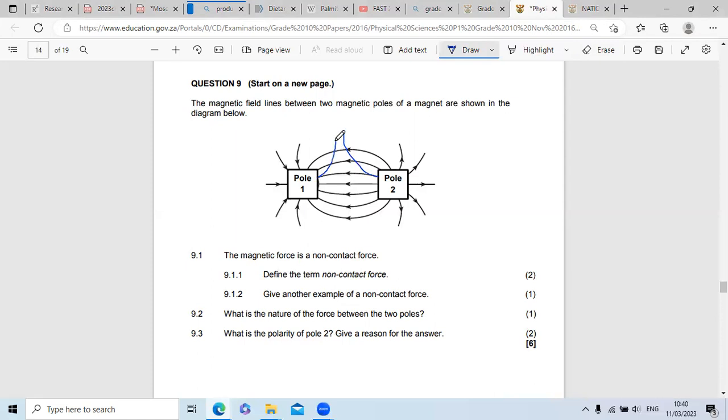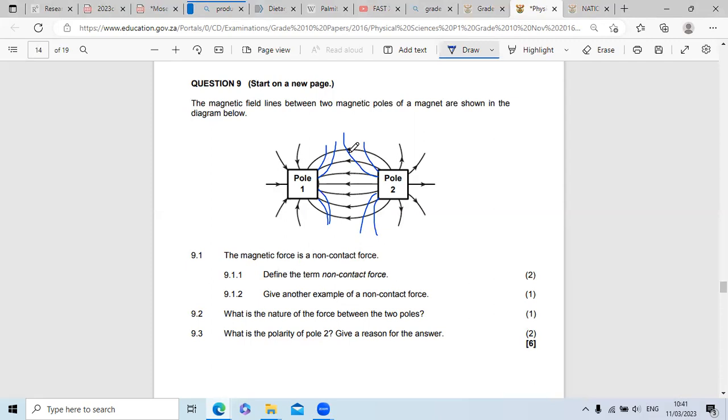To show that there's a repulsion between the two poles, the magnetic field lines would not even touch. They won't touch. But as you can see here, they are actually touching. They are actually exchanging between one another to show that there's attraction.